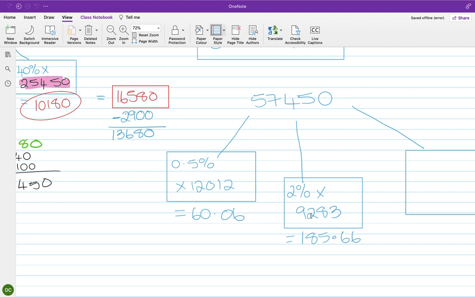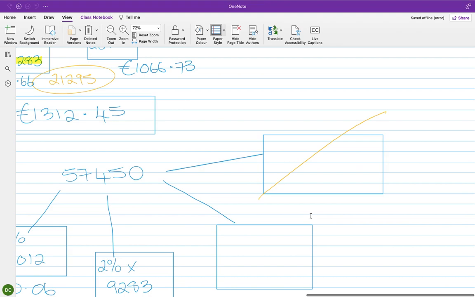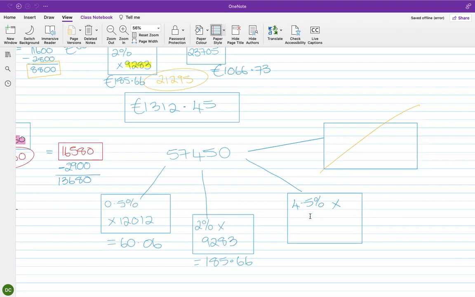And then the third box, because like I say, he doesn't make it to the fourth box. So the fourth box doesn't matter. The third box is 4.5%. So 4.5% multiplied by, now we know the first two boxes make up €21,295 of the wages. So to figure out what goes in the third box, we just minus.